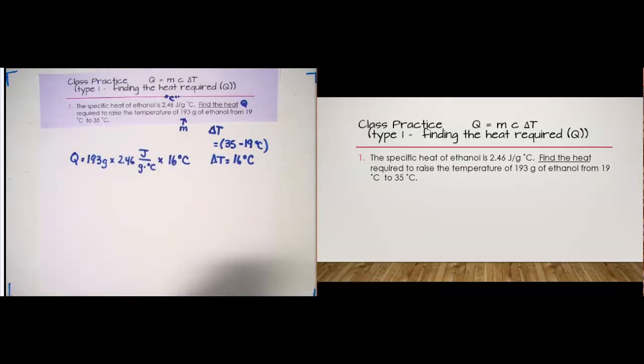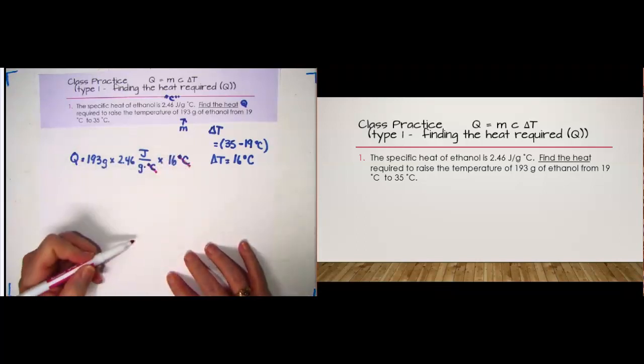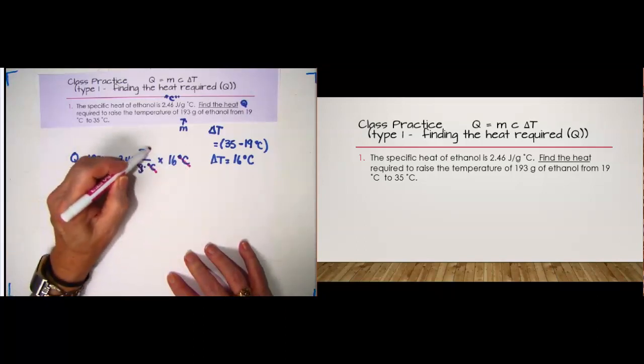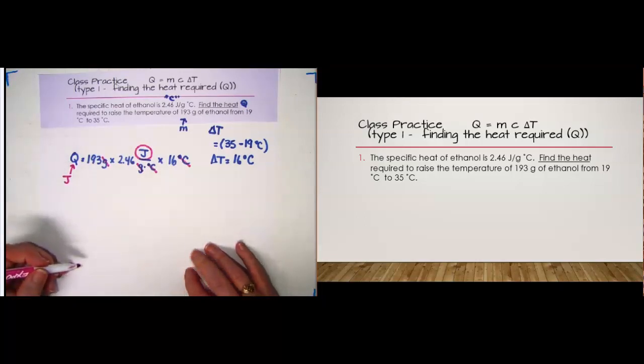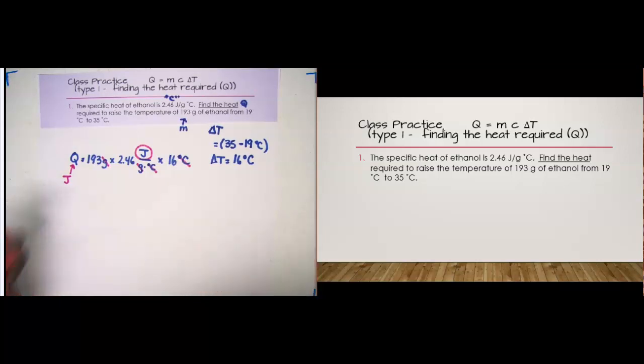We identified everything first. It's really important that you do this as you're starting new problems. Now let's look. C cancels because it's on the top and the bottom. Grams cancels because it's on the top and the bottom. The only thing you're left with is joules, which is in fact the unit for the Q. So now all you have to be able to do, guys, is do the multiplication.